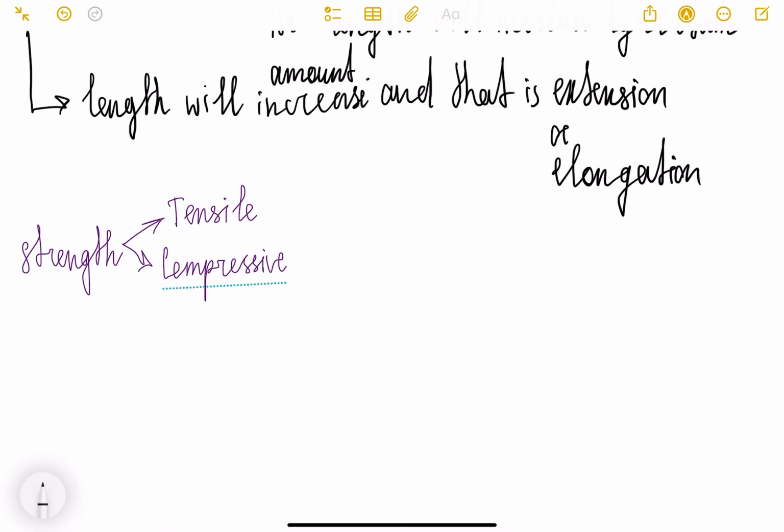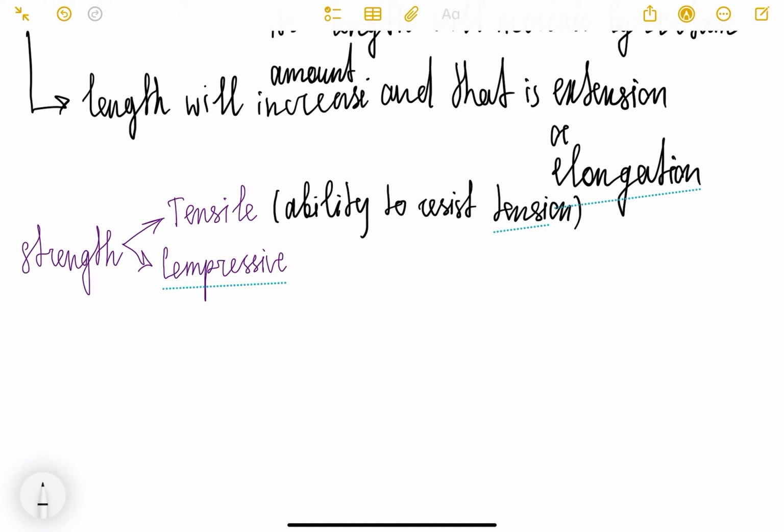Then tensile is the ability to resist tension. Ability to resist tension.